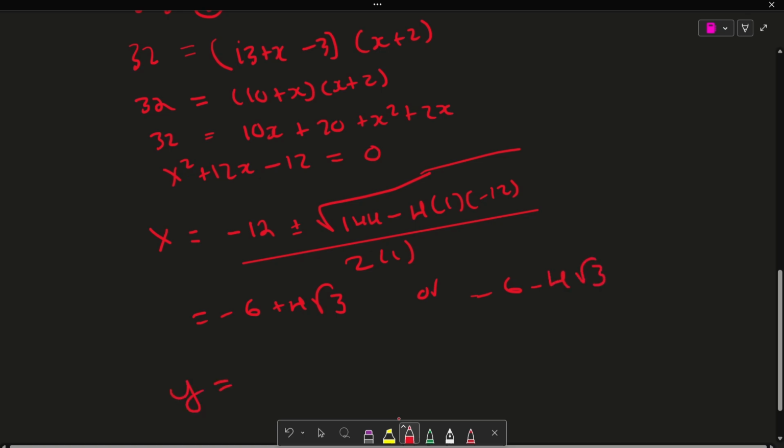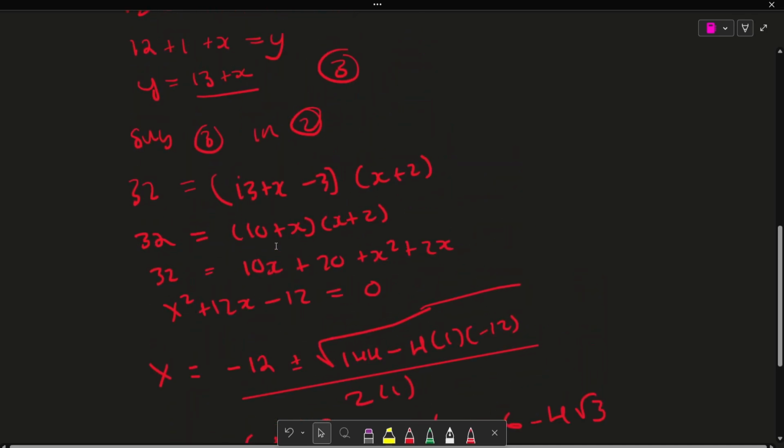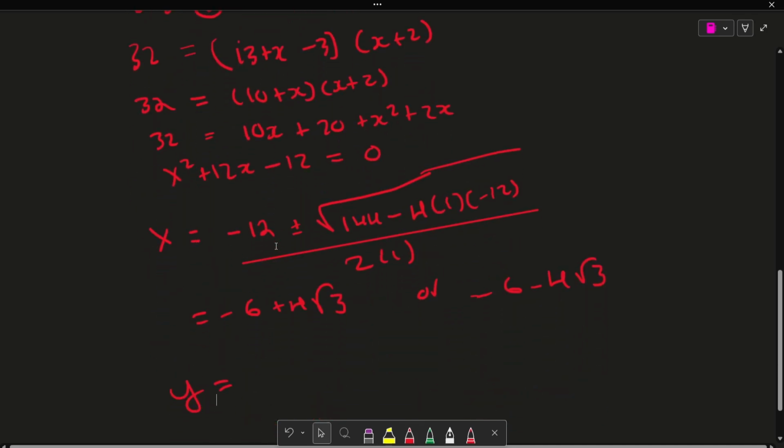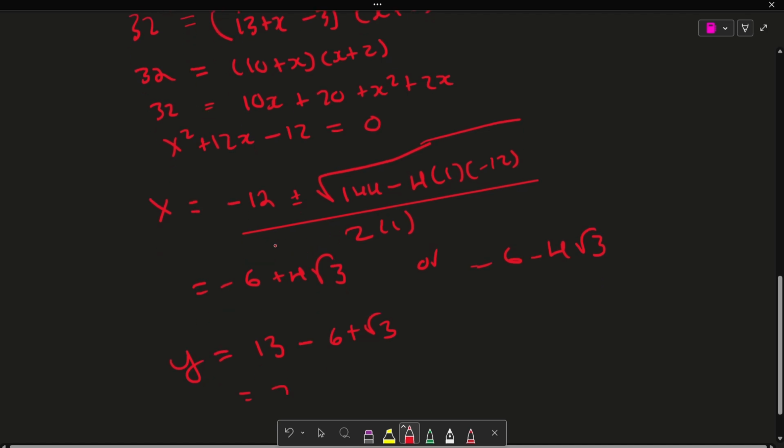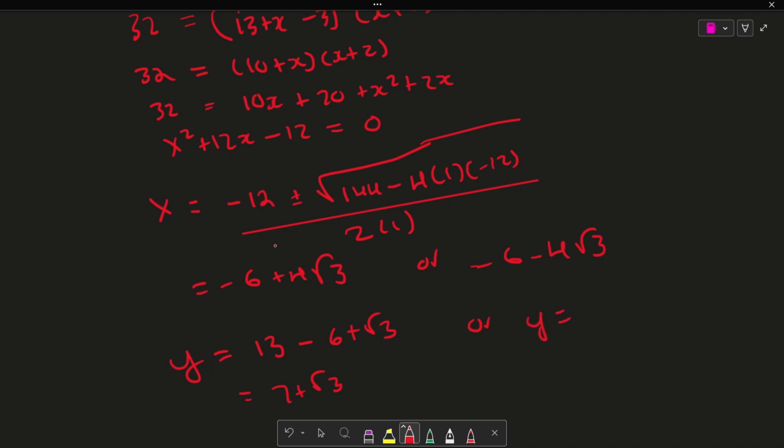Now I need to get my y. I just need to add 13. So it's going to be 13 minus 6 plus 4 root 3, which makes it 7 plus 4 root 3. And then this other one is going to be y equals 7 minus 4 root 3.